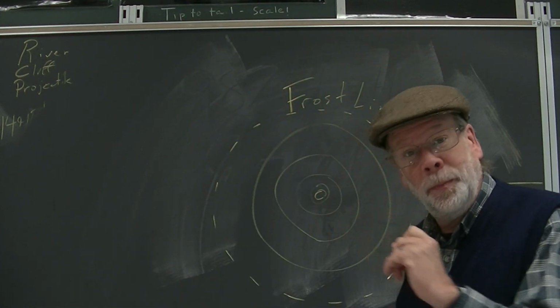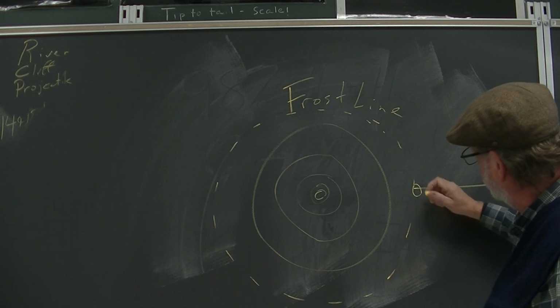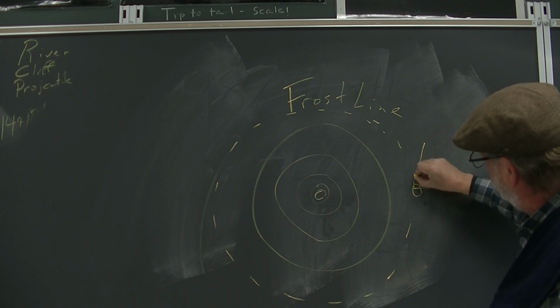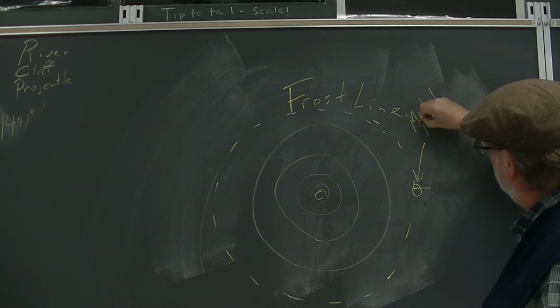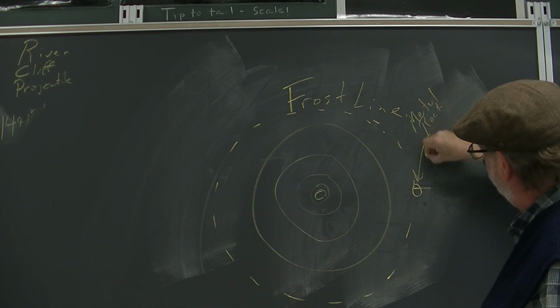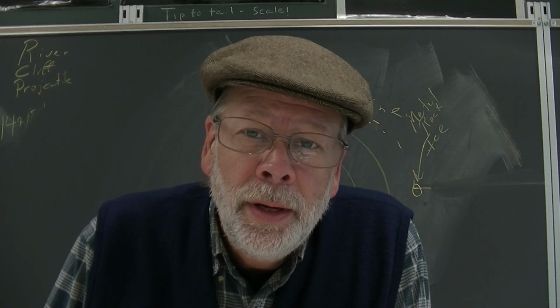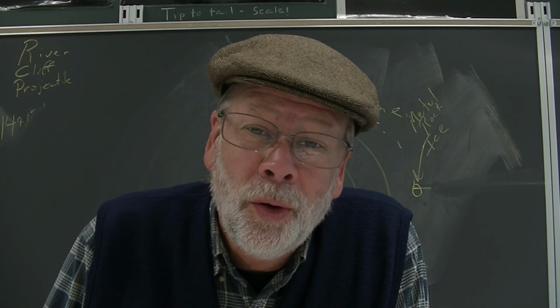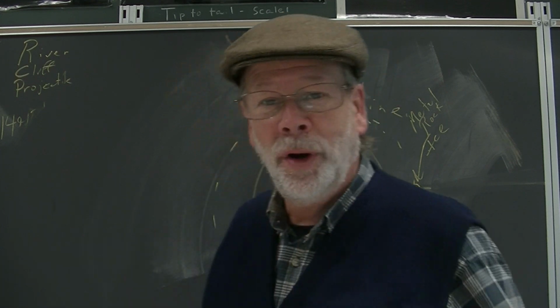So now you can form planetary cores that are going to be considerably larger. And they're going to have metal, rock, and ice inside them. So a number of planetary cores formed outside the frost line. The very first one to form, apparently.